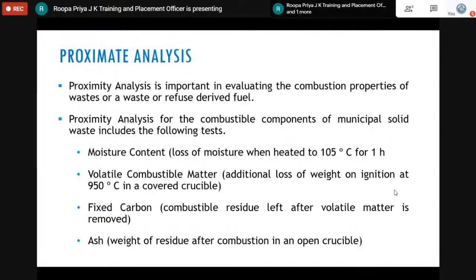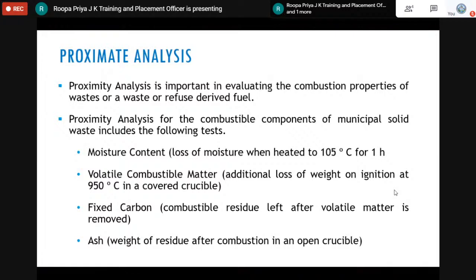Proximate analysis. Proximate analysis is important in evaluating the combustion properties of waste or refuse-derived fuel. Proximate analysis for the combustible components of municipal solid waste includes the following tests. One is the moisture content, that is the loss of moisture when heated to 105 degrees centigrade for 1 hour.